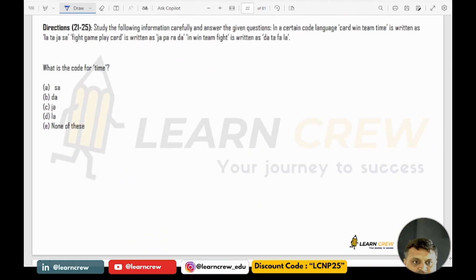Next, questions on coding. If you see the coding questions, first of all we have to write the codes for all the words. Card, win, team, time, flight, game, play, card.